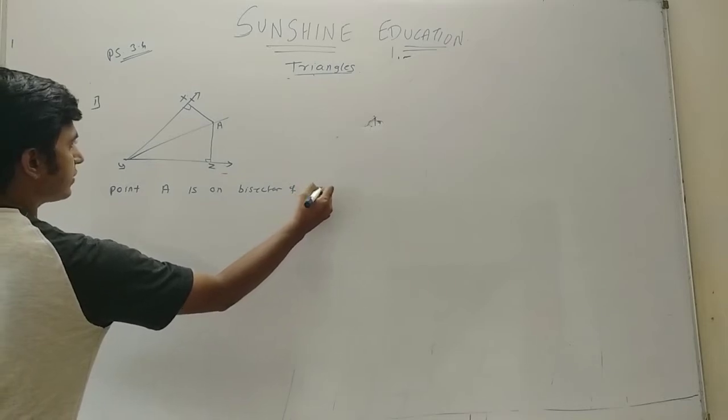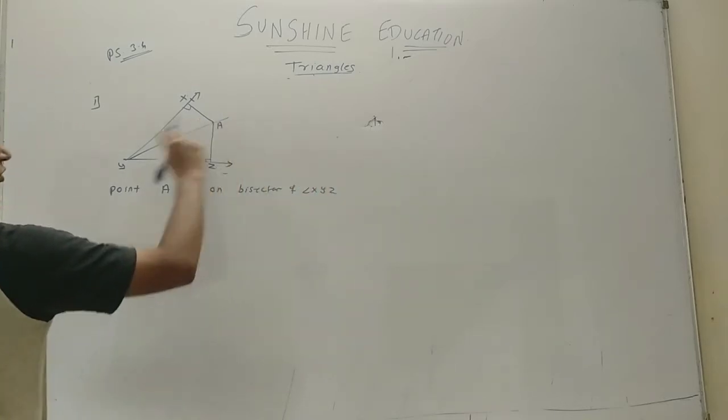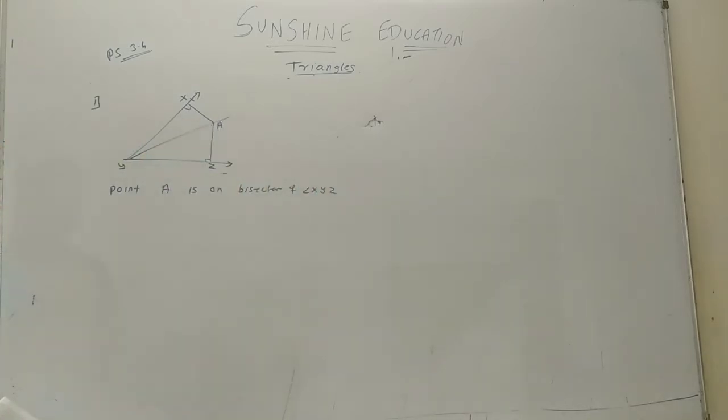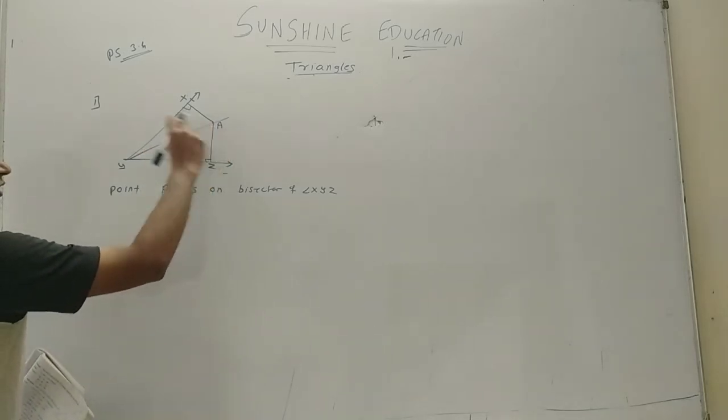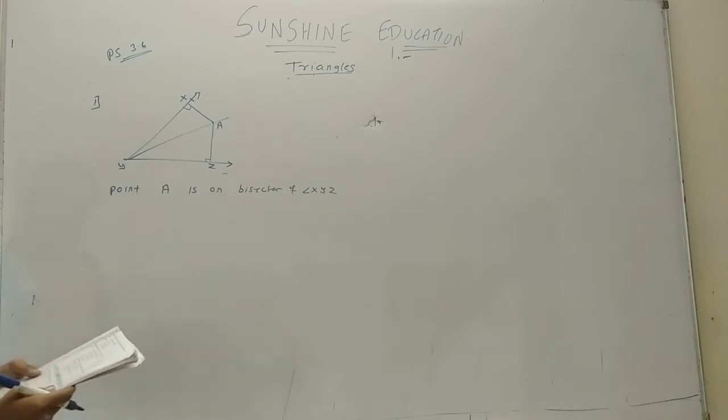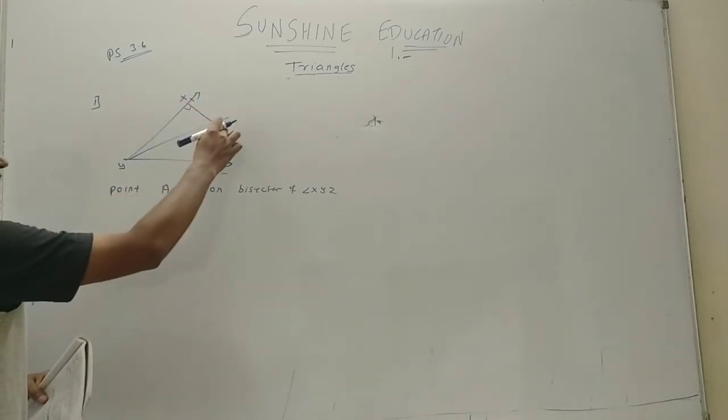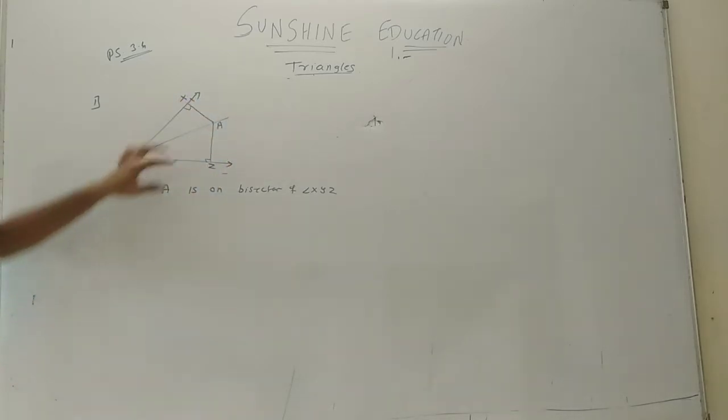Point A is on the bisector of angle xyz. What is the question? If AX is 2 cm, what is AZ? AZ will also be 2 cm.